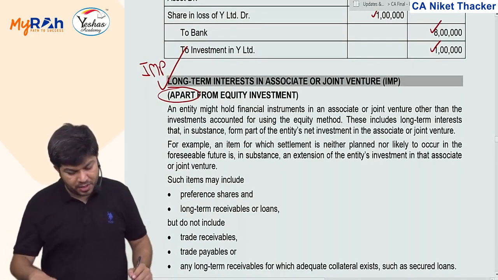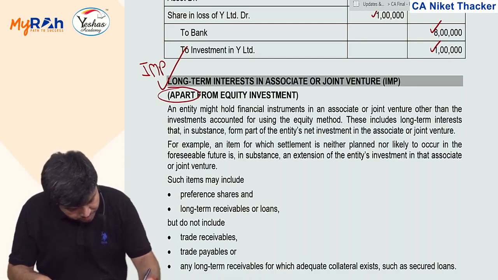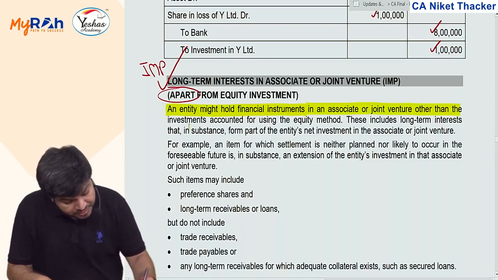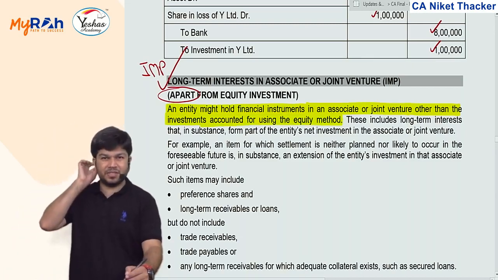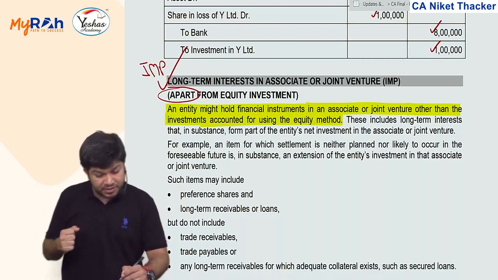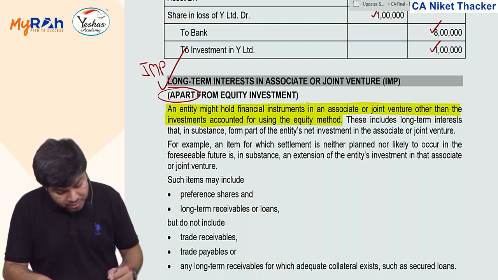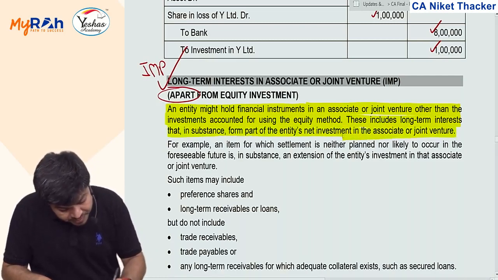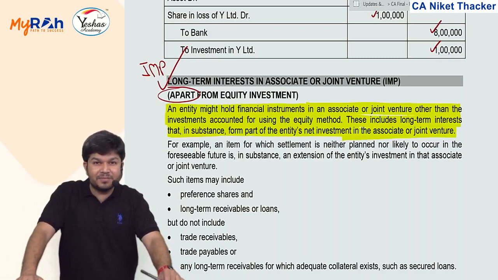Okay, so what is this long term? You might hold financial instruments in associate JV other than investment accounted using equity method. That is other than the equity shares. This includes long-term interest, which in substance forms a part of net investment in associate or JV.